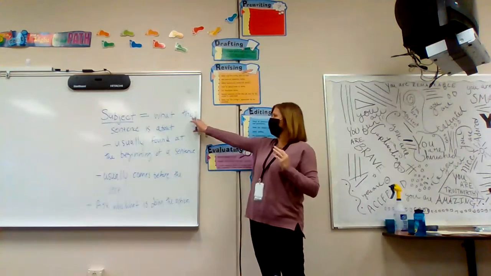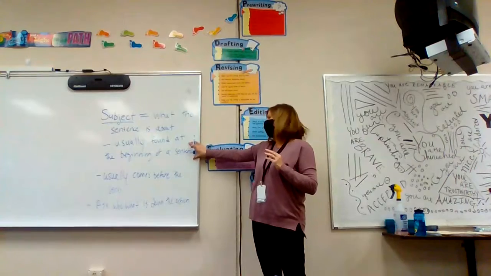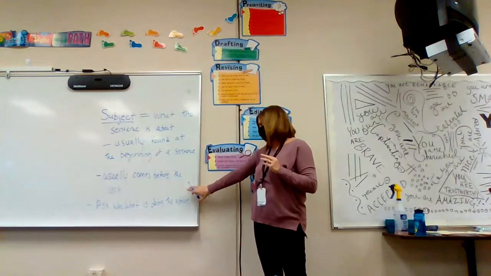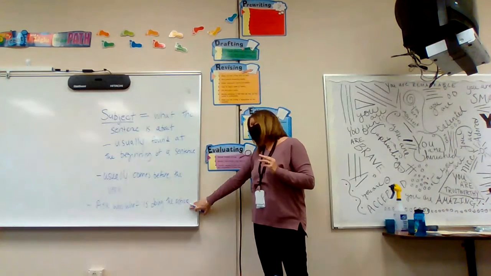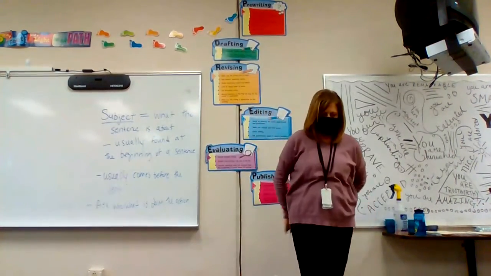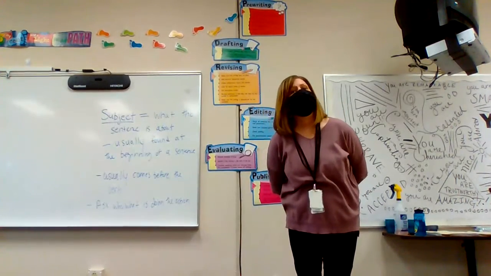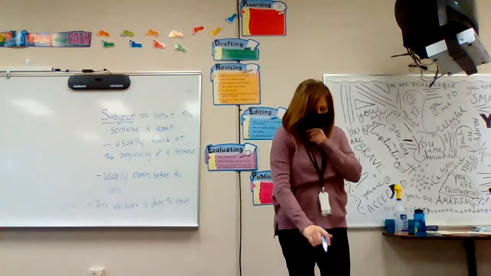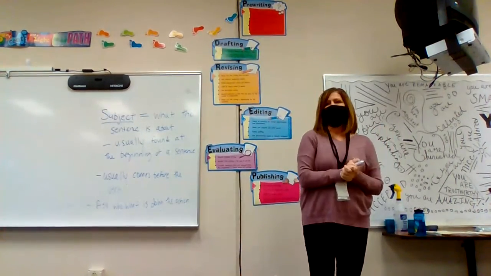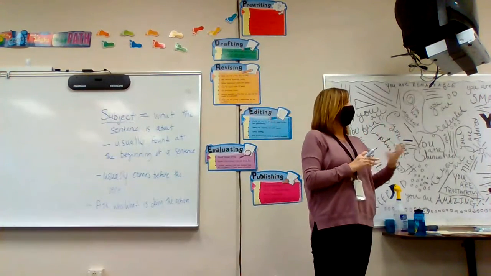So the subject is what the sentence is about, usually found at the beginning of the sentence, comes before the verb, and you can ask yourself who or what is doing the action. So the exact words though is King Louis the 14th, okay? So the subject of number 2 is King Louis the 14th.